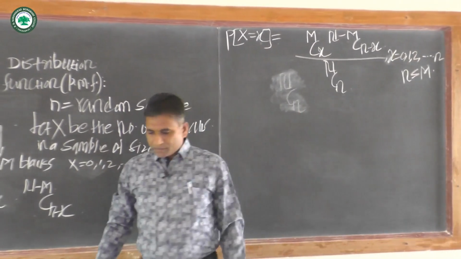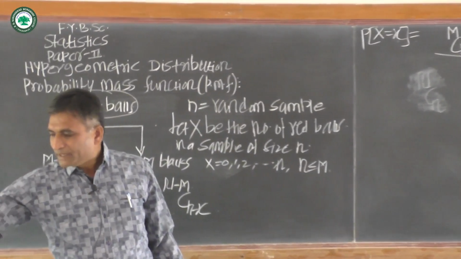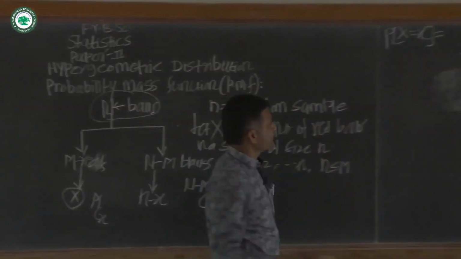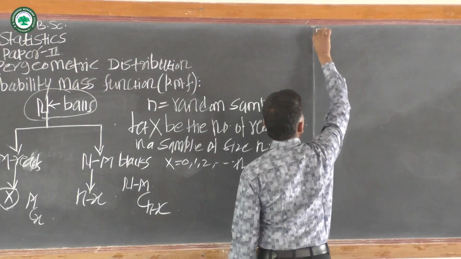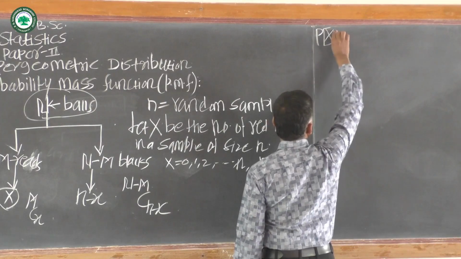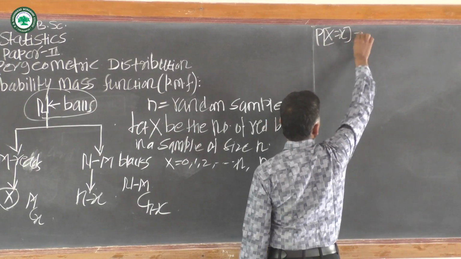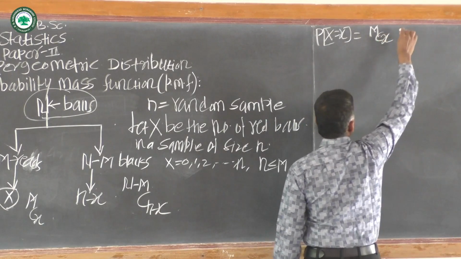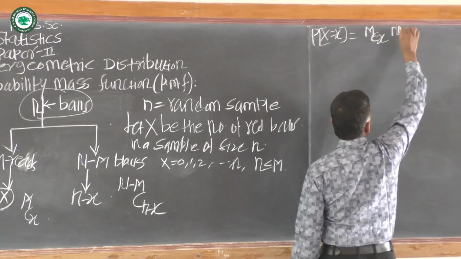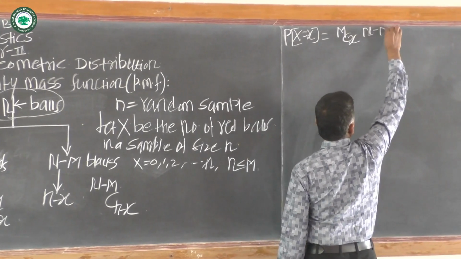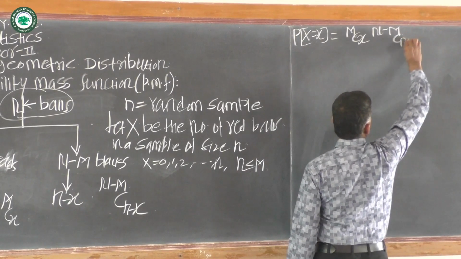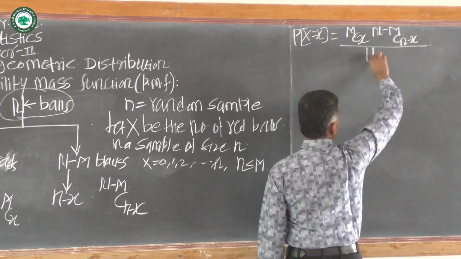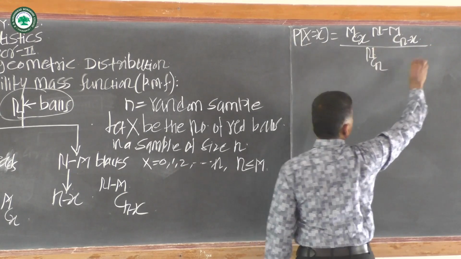Now we can write the probability mass function of the hypergeometric distribution as probability of x equal to small x, which is equal to MCx into (N minus M)C(n minus x) upon NCn.